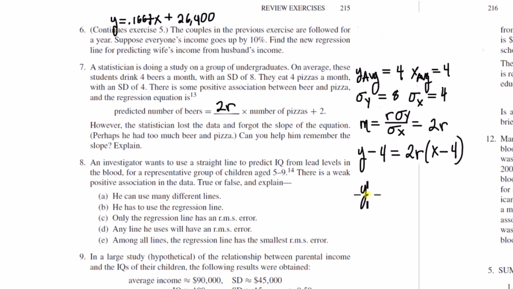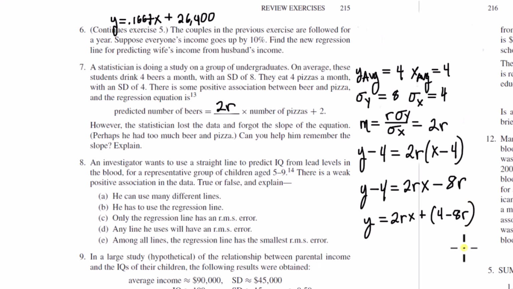So we've got y minus 4 is equal to 2r x minus 8r. So y is equal to 2rx minus 8r plus 4. So we could do this: plus 4 minus 8r. Does that help us?